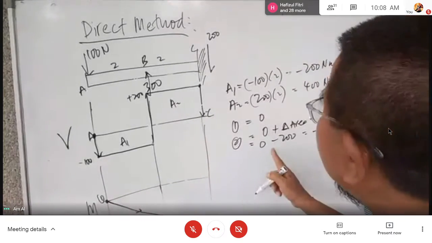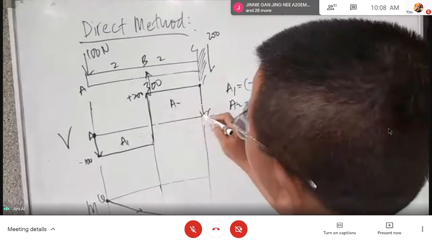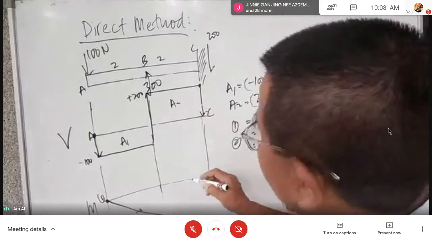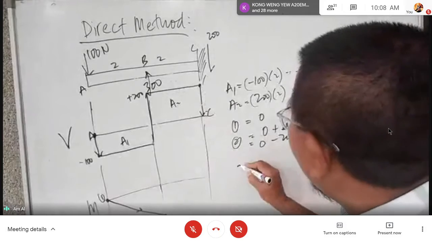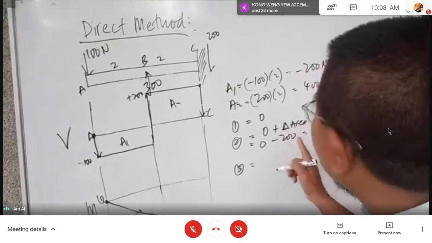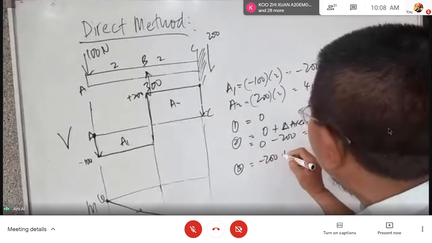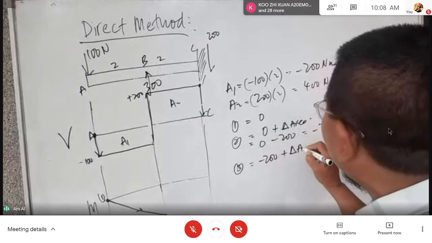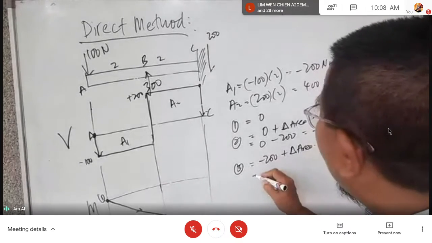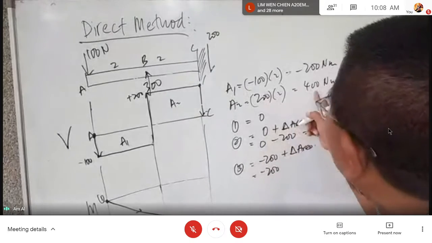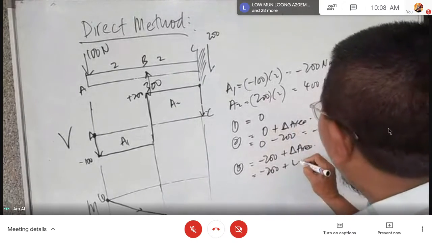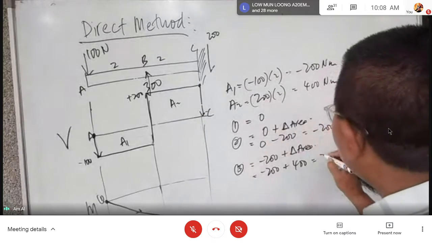And then when I go from B to C, this is point 1, this is point 2, and I want to go to point 3. You must start at the value minus 200 and add the change in area. So now you start with minus 200. The change in area is 400, so the total now is 200.